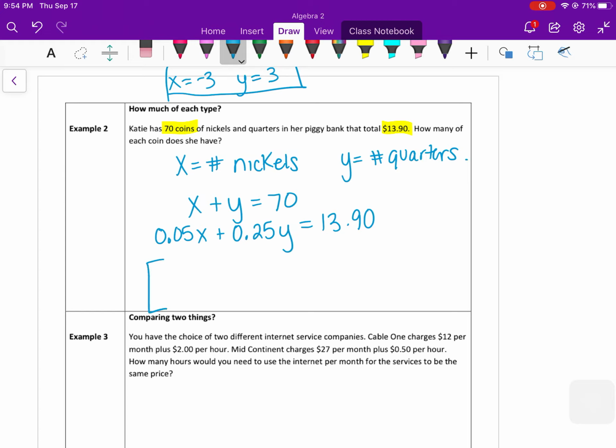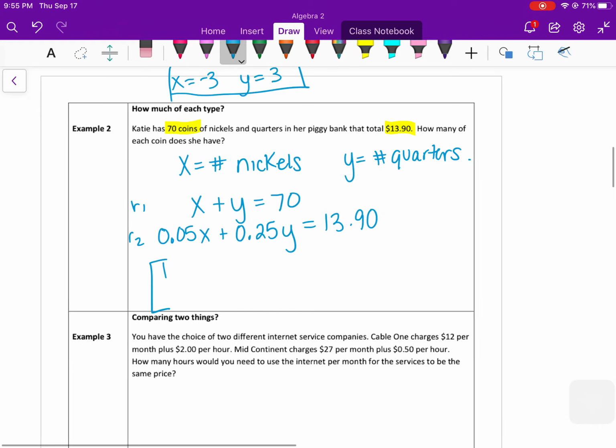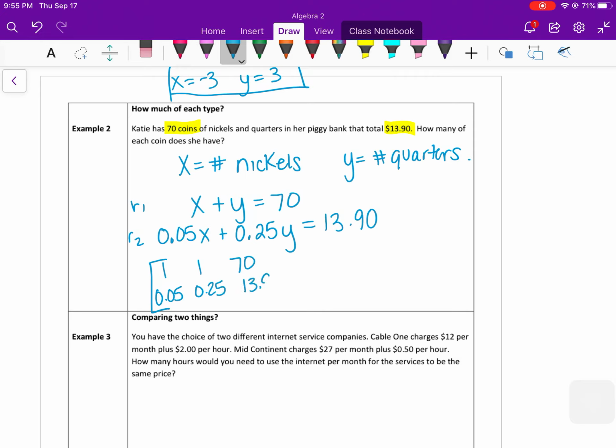Now I can set up a matrix using the coefficients. So if this is my row 1 and row 2, row 1 would go 1, 1, and 70 for 1x, 1y, and 70. And then 0.05, 0.25, and 13.90 for row 2.